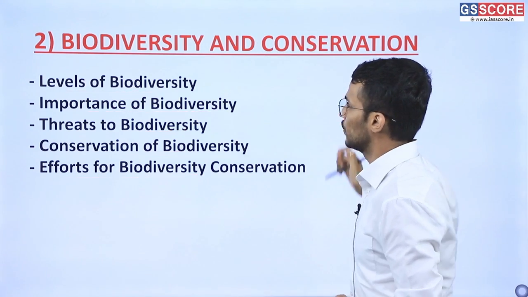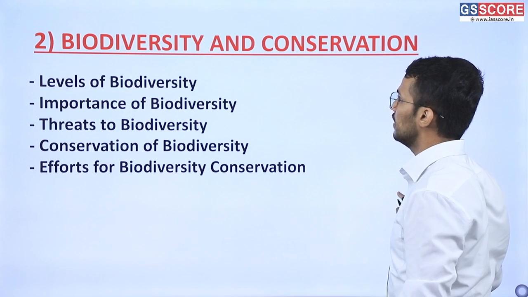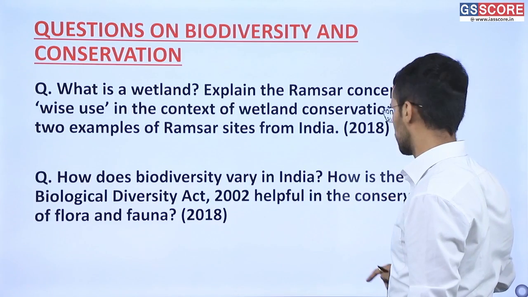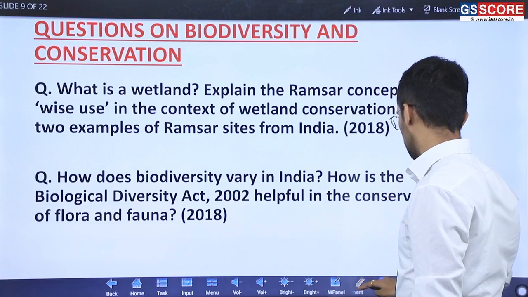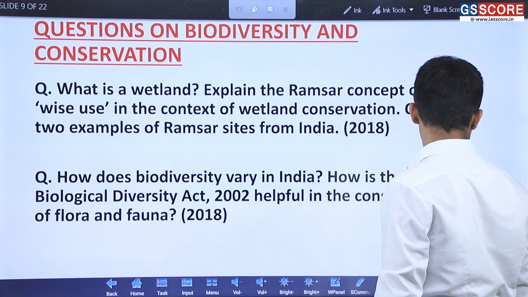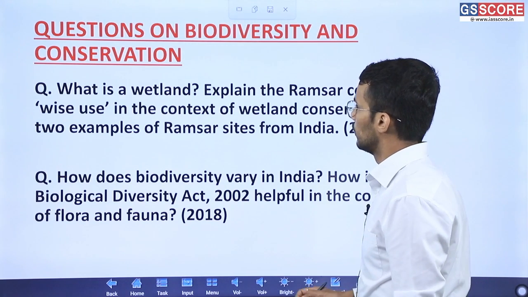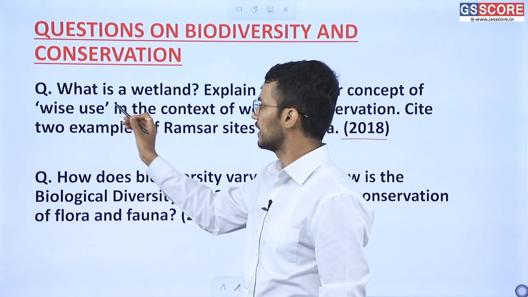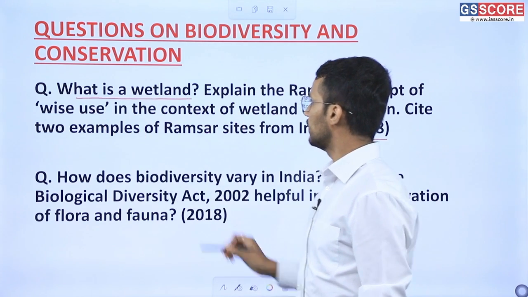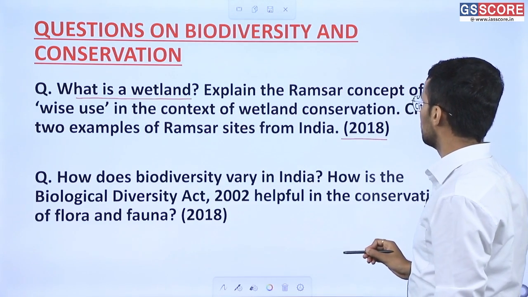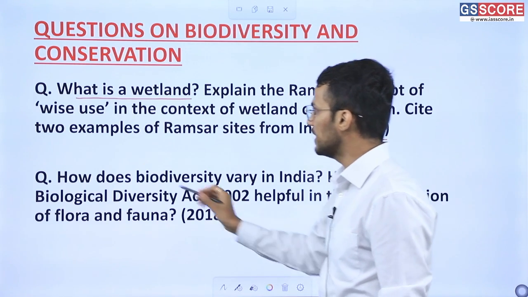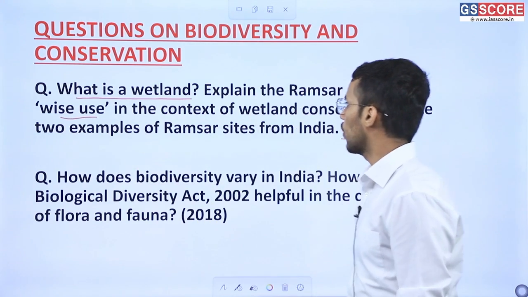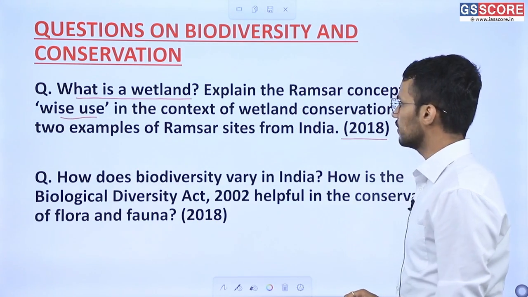Now let us discuss a few questions asked by UPSC from biodiversity and conservation. Firstly, mains questions. In 2018, there was a question asked by UPSC, and that is, what is a wetland? Explain the Ramsar concept of wise use in the context of wetland conservation.